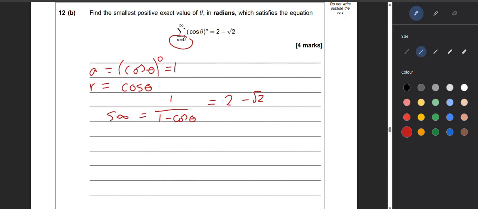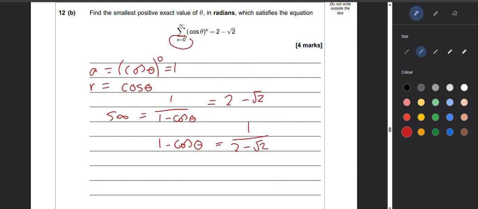What I would do here is multiply everything through by 1 minus cos theta. Actually, no, what I'm going to do is just flip it. I'm going to find the reciprocals of everything, which is the same thing, but a bit of a smoother process, and we can do it in one step. So that'll be 1 over 2 minus root 2. I've basically just flipped everything, using the reciprocals because I think that's a bit easier.